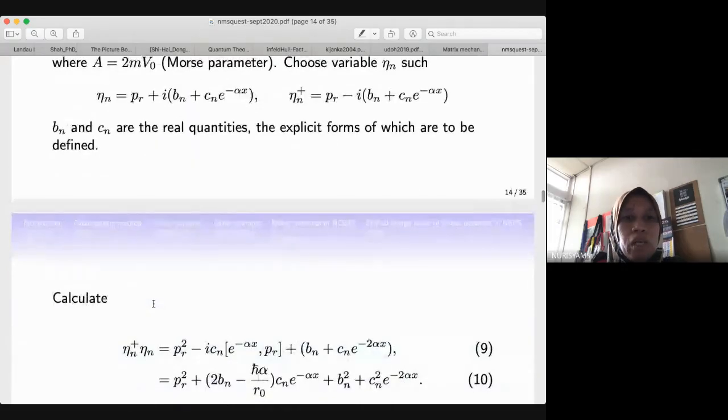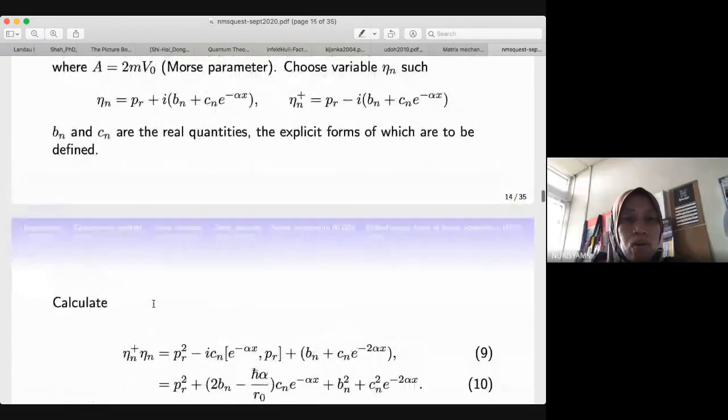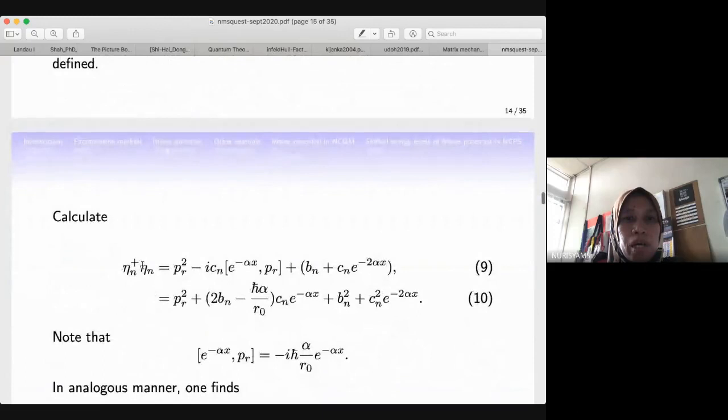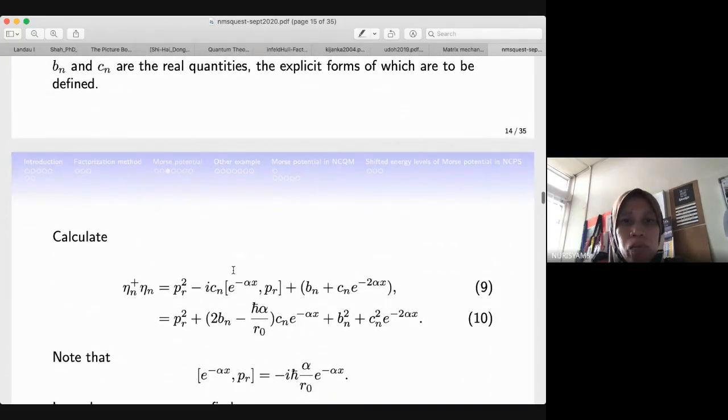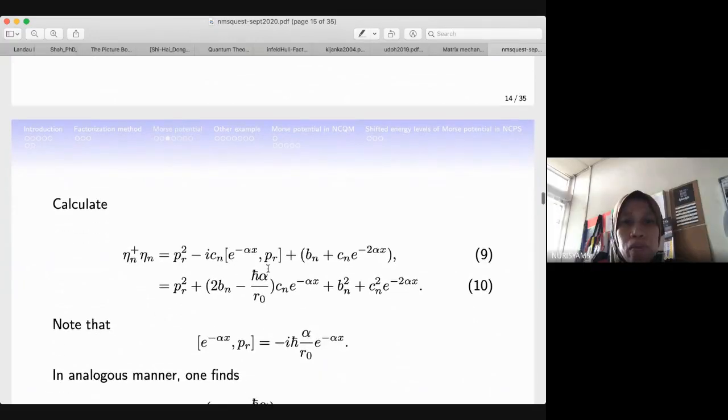So we calculate the term we always want, eta n plus eta n. We expand that, and because we deal with momentum and position, we must be very careful, as they are non-commutative.